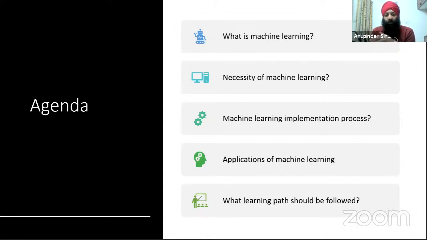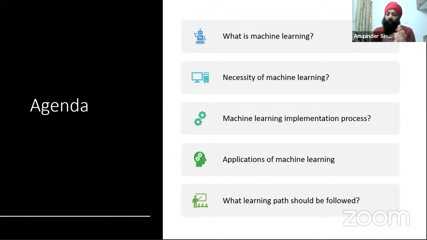So these are some of the agendas that we have. What is machine learning that I'll be putting up in front of you? A lot of different definitions are there, but we will be looking into the definition from a very practical perspective. Then why the necessity of machine learning has occurred, and why this whole phenomenon has grown to such an extent in the last couple of years. What was the reason behind it? That we look at.